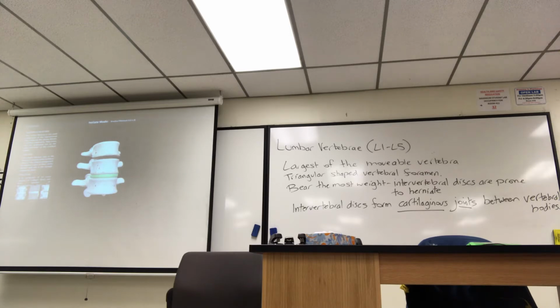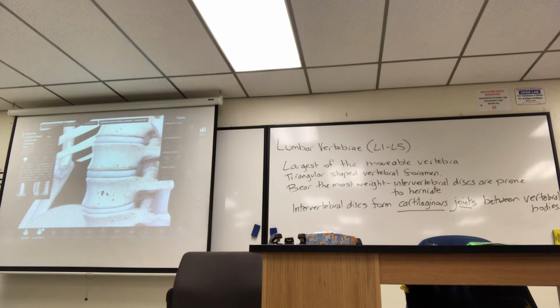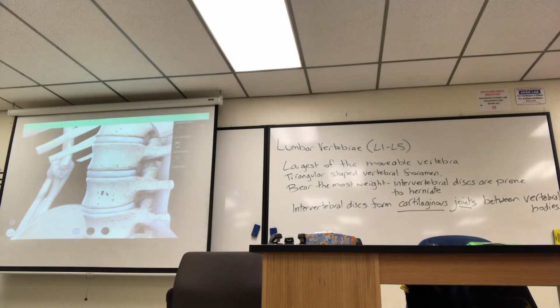Let's see if I can cut open a disc here. Let me hide that. I'm going to use the cutting tool on the app. See if I can get this to work. Cut from there to there. No, let's redo that.